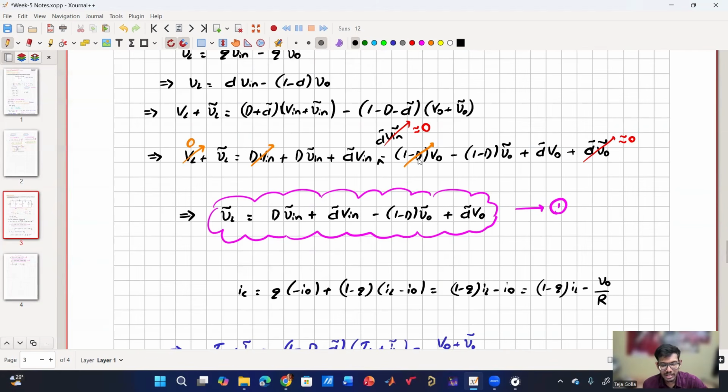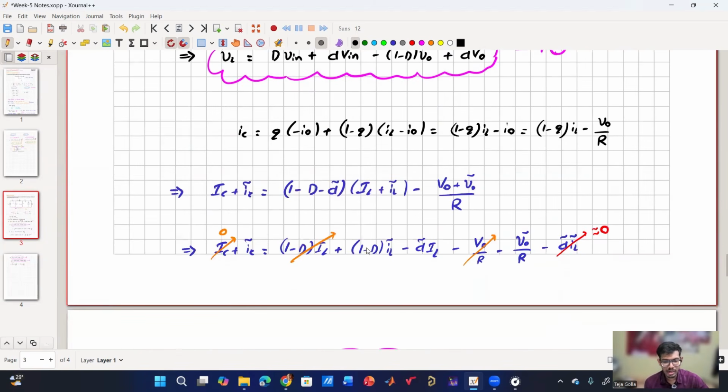So if you equate the other terms, dVin is equal to (1 minus D) into V naught, so V naught is D by (1 minus D) into Vin, which you get by doing the inductor volt-second balance. So these two will get cancelled. Similarly, you will get IL is V naught by R into (1 minus D), which you are also getting from this model. So these will get cancelled anyway, because at DC these two are equal.